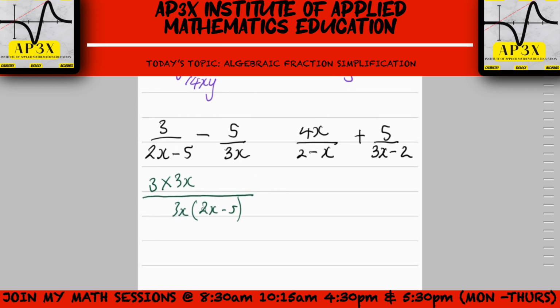So this cancels the 2x minus 5, leaves us with 3x, and the 3x multiplies the 3. Now say here 3x will cancel the 3x, leaving us with 2x minus 5. Again, I like to write my numerical values on the outside of my binomial expressions. That's how I prefer doing it. When I do it like that, it tends to give me a clearer idea of my next step.